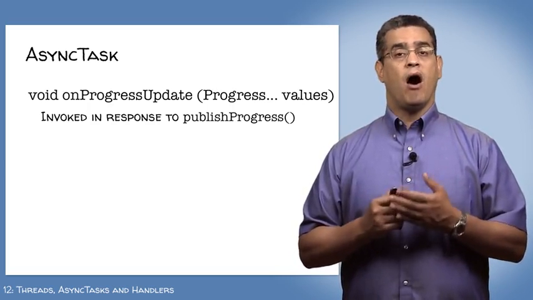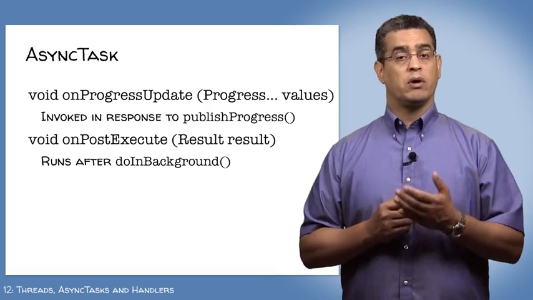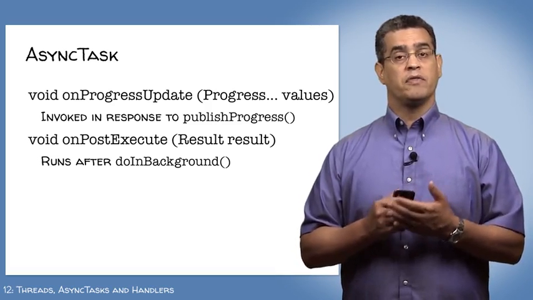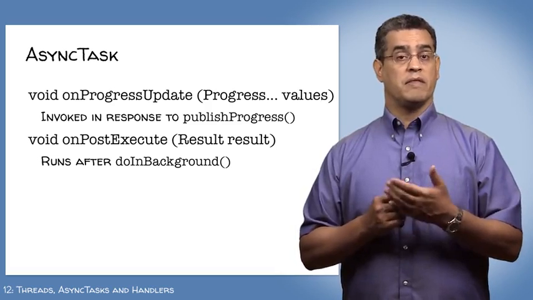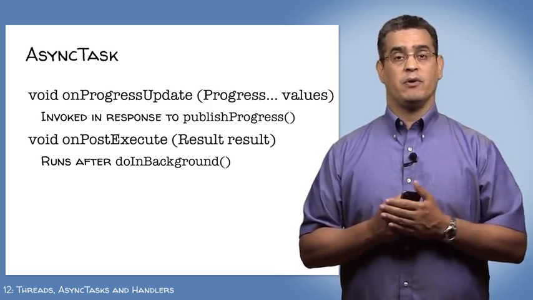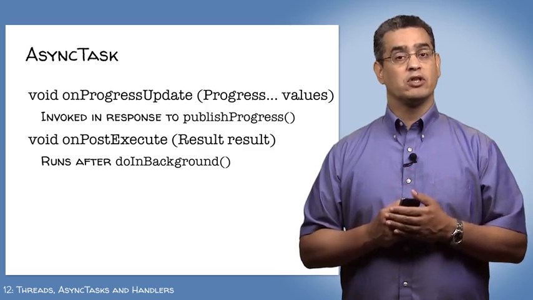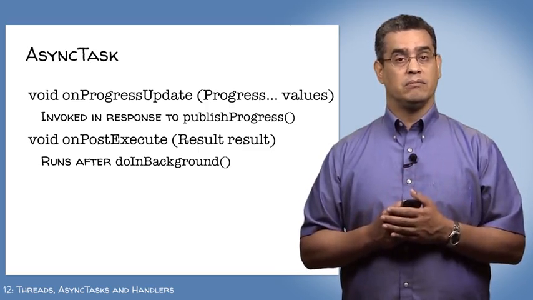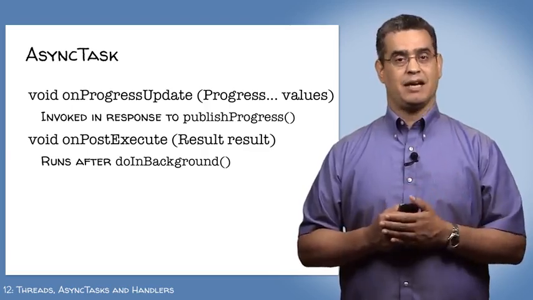And finally, onPostExecute will be called in the UI thread with the result returned by the background thread as its parameter. Let's look at a version of our icon loading application implemented with an async task.